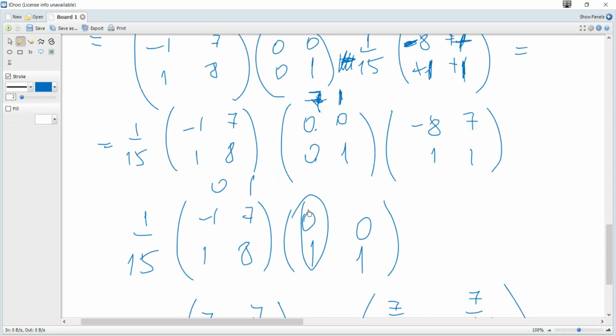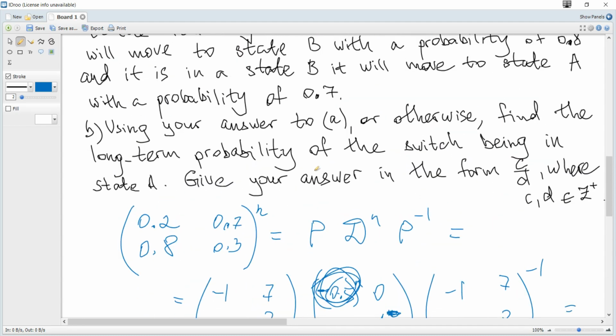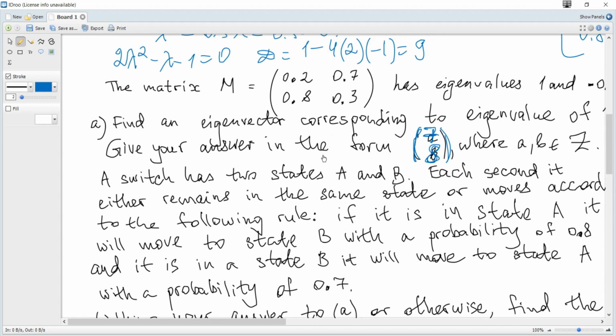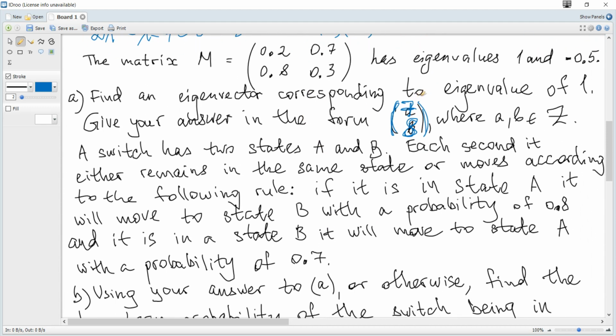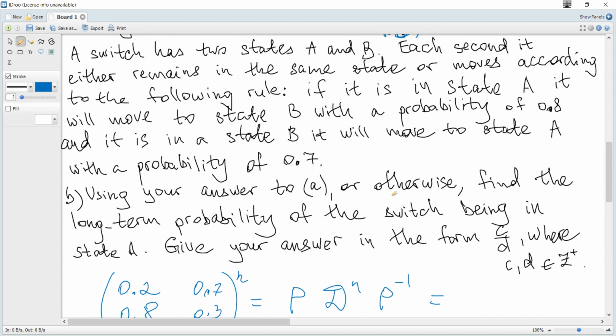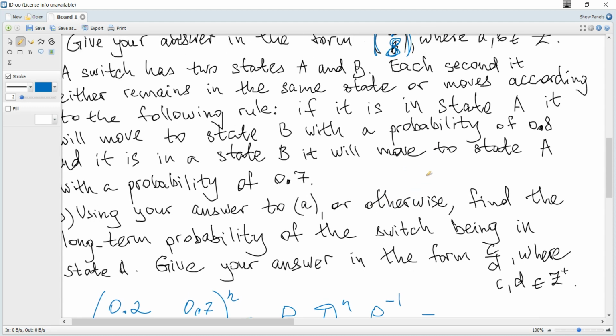And notice that we can use the method with the eigenvalue and the corresponding eigenvector for the eigenvalue of 1 when the matrix is 2 by 2. It's not suggested to find eigenvalues and eigenvectors for larger matrices.